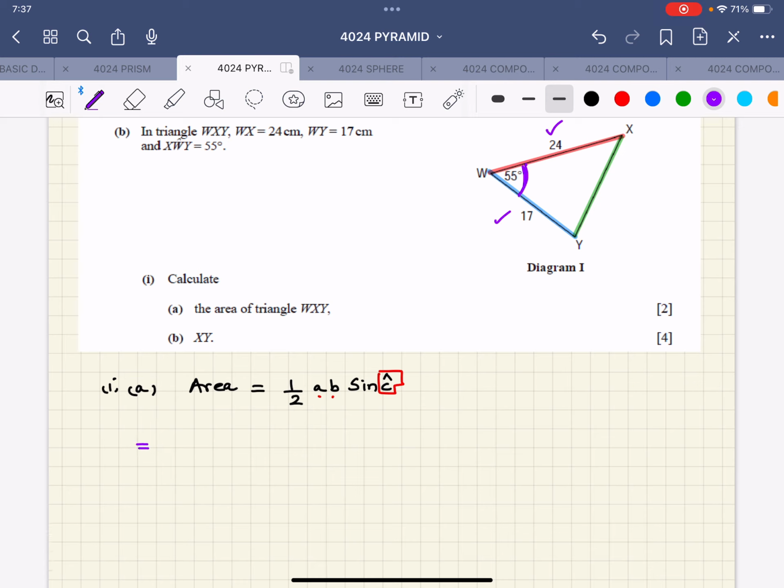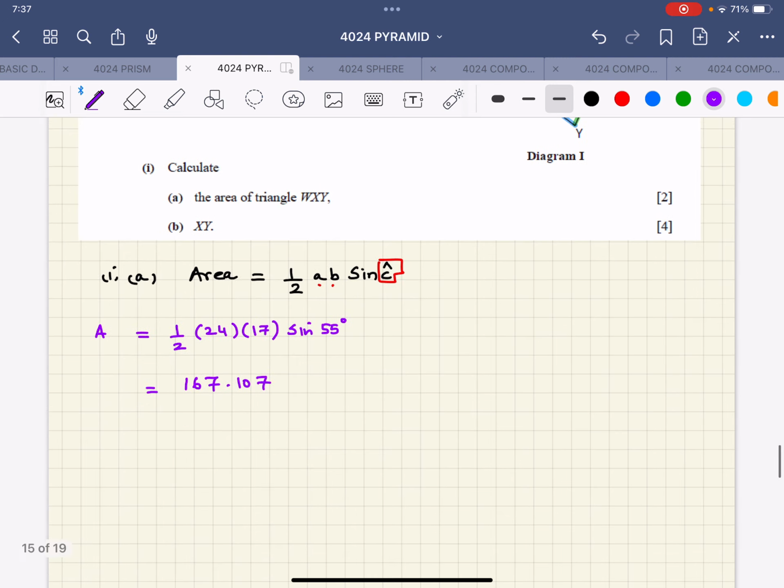So the area equals half into 24 into 17 into sine of 55 degrees. First I calculate sine of 55, multiply it with half, and then multiply it with 24 and 17. This answer is coming out to be 167.107. And I'll write this as 167 centimeters square, correct to three significant figures.